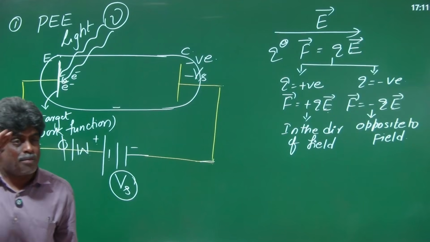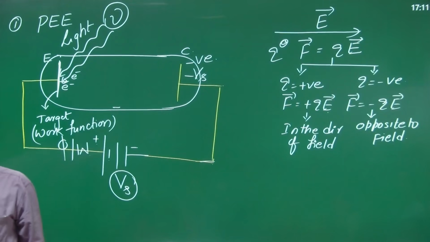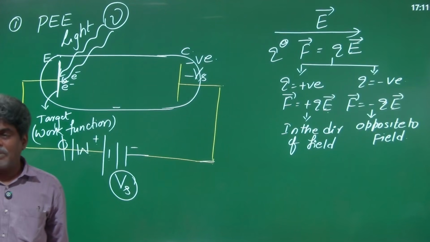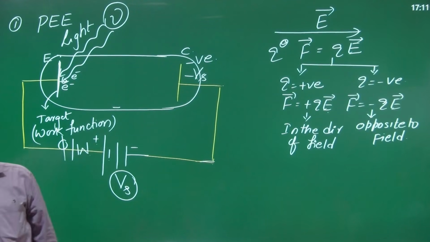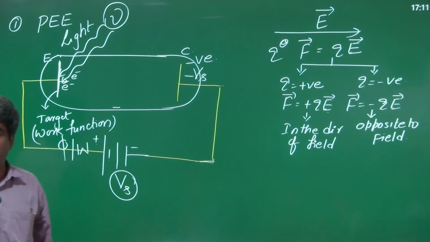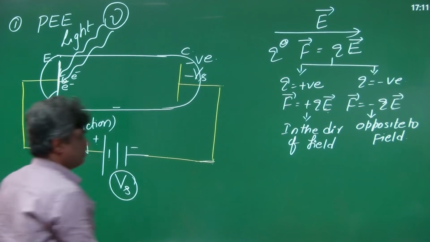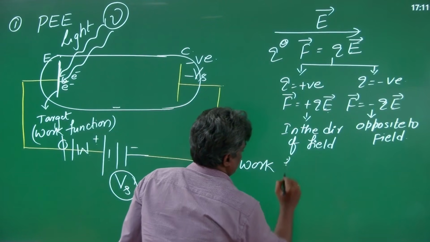That minimum amount of energy is nothing but work function. So what is the definition of work function? The minimum amount of energy required to remove the electron from the metal surface is called work function. Everybody clear? Good. So we have defined one thing, work function.